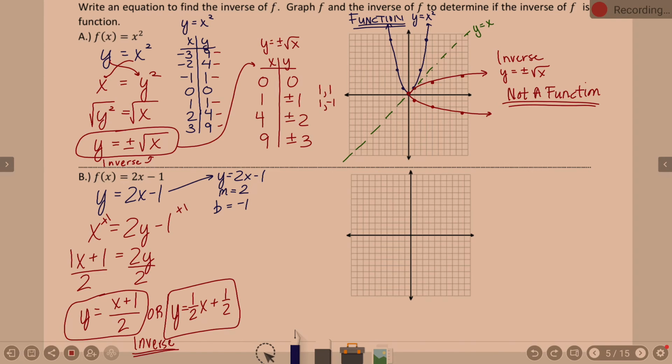True? You could graph using that information if you want. Where y-intercept of -1 means we go down 1. What's the slope of 2 tell us to do? Up 2, right? Because what phrase do I use for slope?